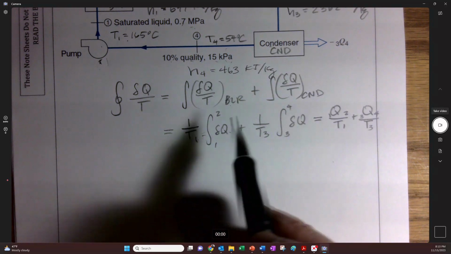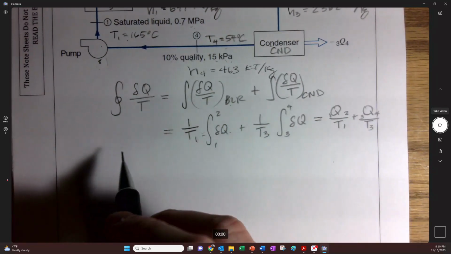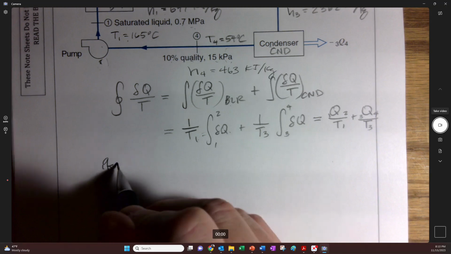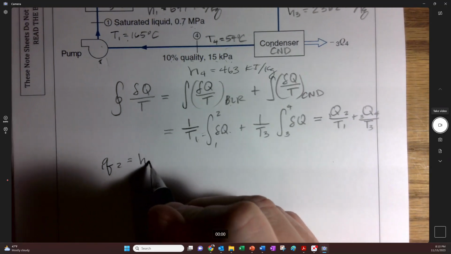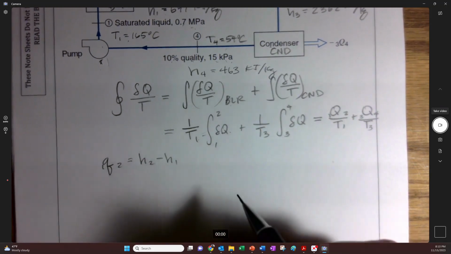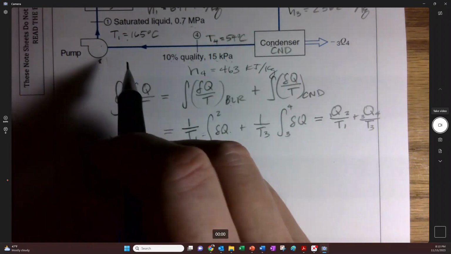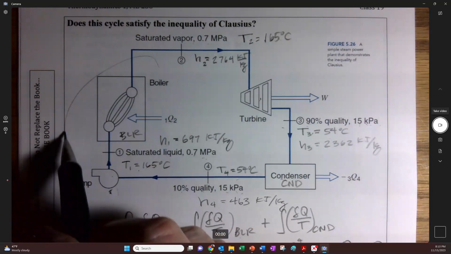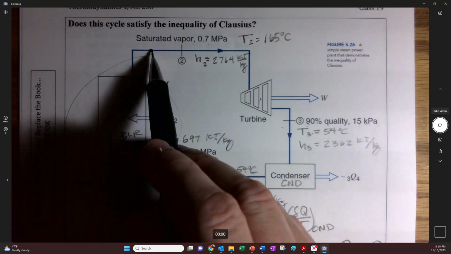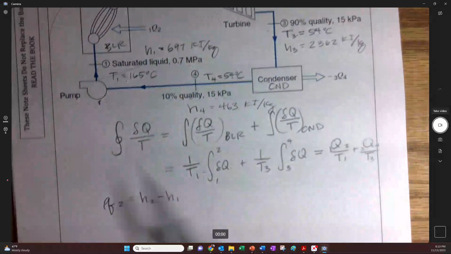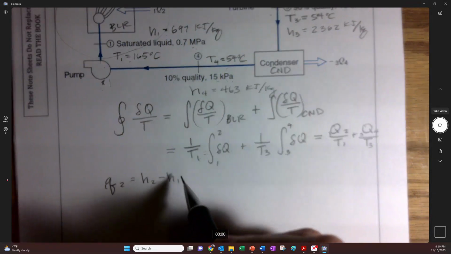Now, we don't have a mass flow, so we can use little q's instead. So Q 1 to 2 is equal to H2 minus H1. No masses, but this is a steady flow situation, and we're just isolating the boiler right here. There's the mass flow in and mass flow out. Mass flow is the same everywhere, so we'll just do everything on a mass flow basis.